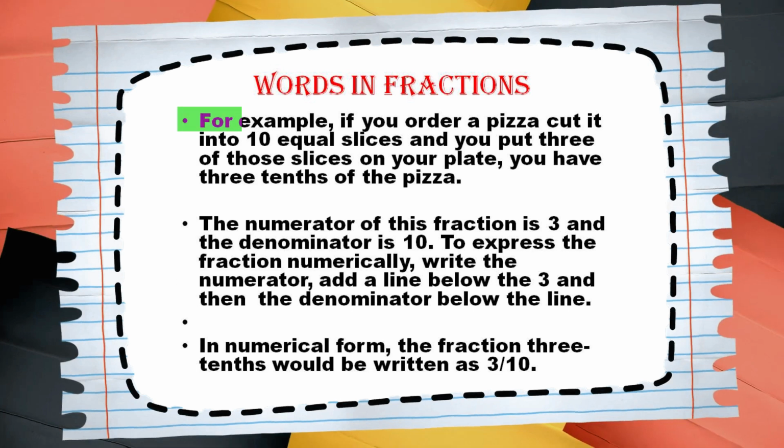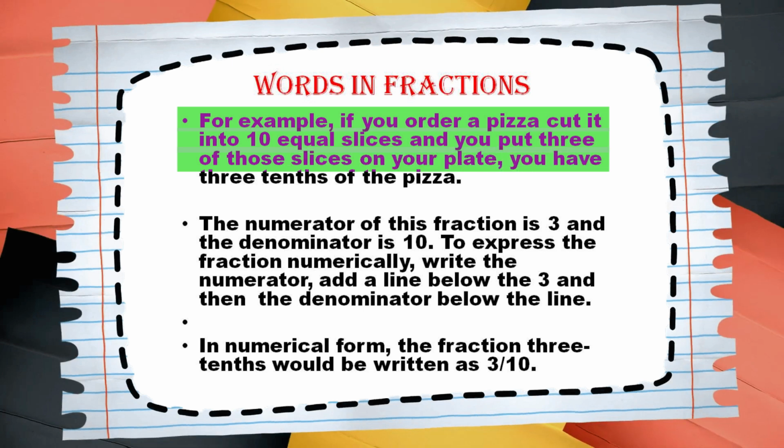For example, if you order a pizza and cut it into 10 equal slices, and you put 3 slices on your plate, you have three-tenths of the pizza. The numerator of the fraction is 3 and the denominator is 10.